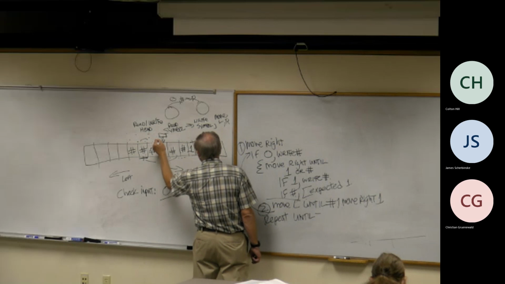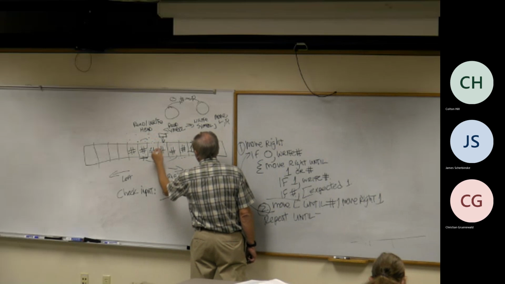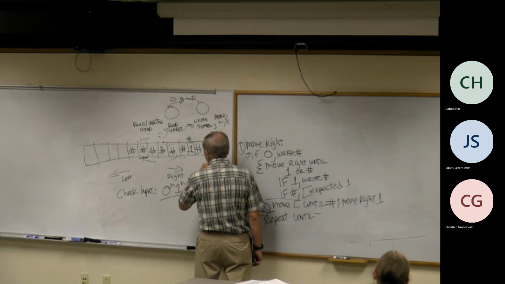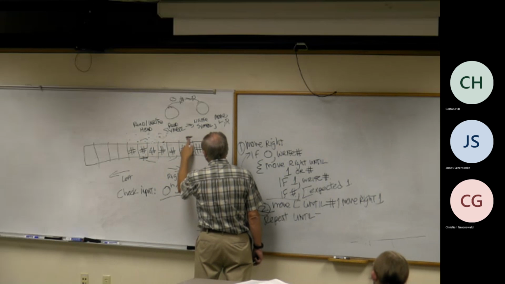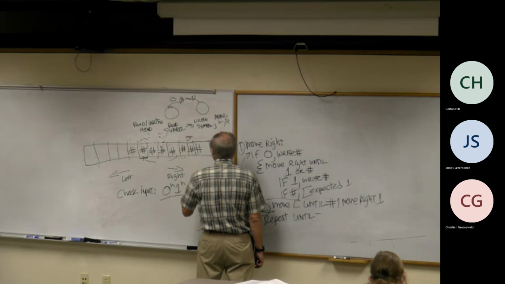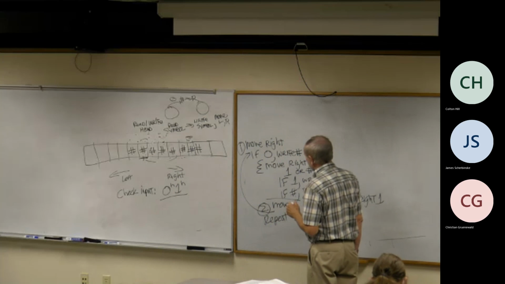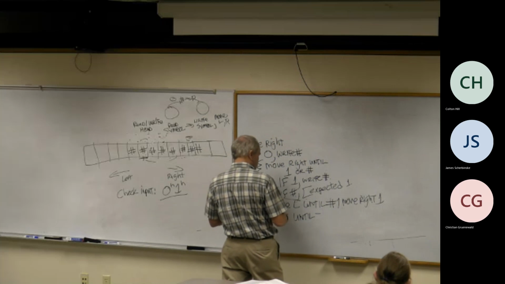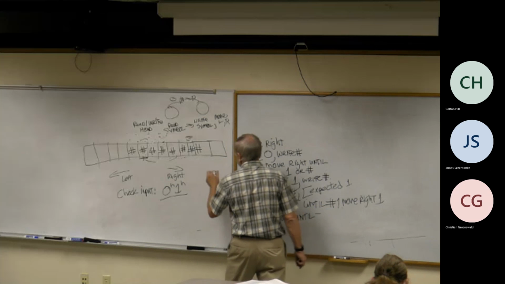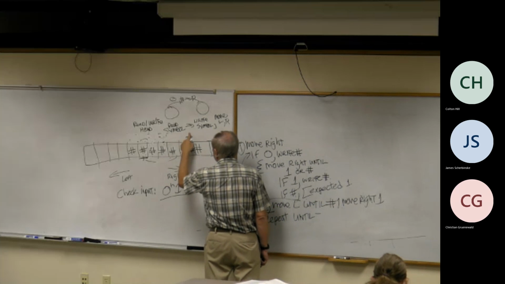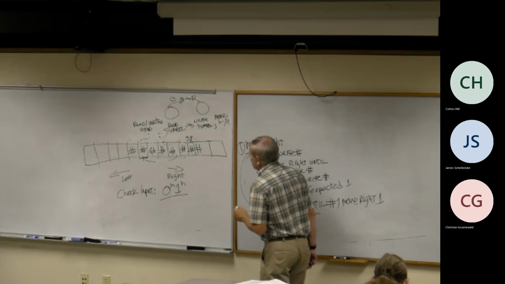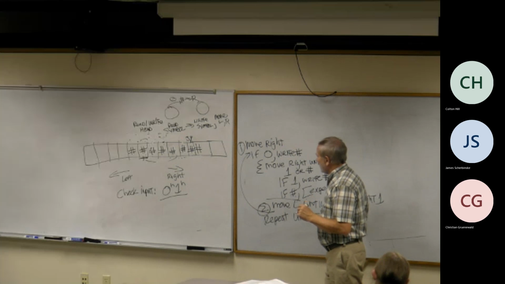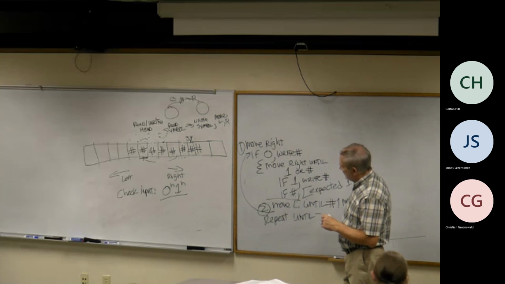Then I see a 0, cross it off, move to the right, until I see a 1, cross it off, move left until pound sign, which would move back here, move right, and that means I've used up all my 0s. I'm sitting on a pound sign, and I didn't expect any more 1s or anything.